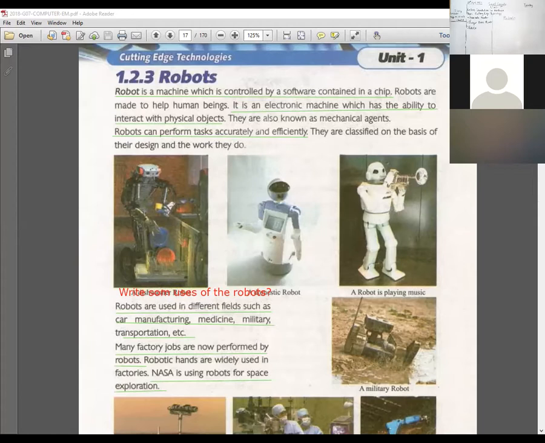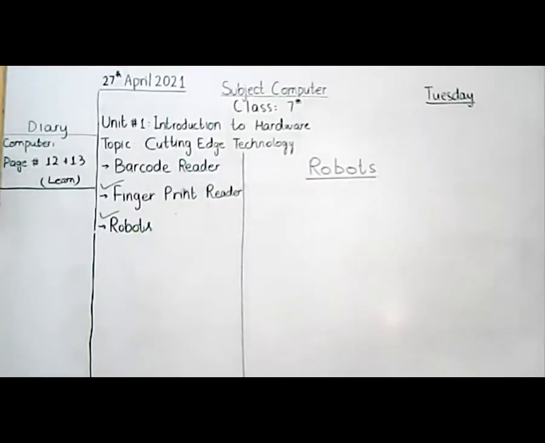Good. Aruz Fatma, very good. Others. Sher Bano, have you done it? Okay, now you have to tell me what are cutting edge technologies and how many technologies we have read today and yesterday.